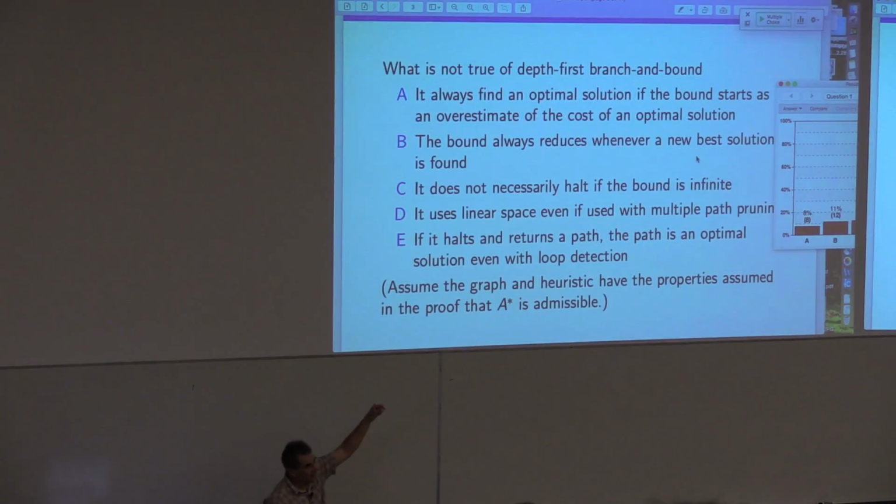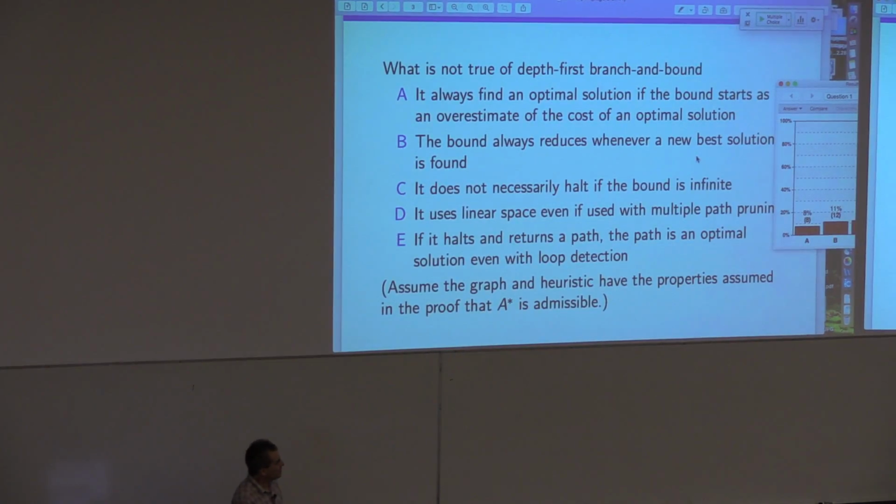The bound kept reducing, because remember how we found the bound: a new best solution was found because the path was better than the previous one, so we kept improving it. So the bound always keeps reducing. If the bound is infinite, it doesn't necessarily halt, because it can go on to an infinite depth first search.